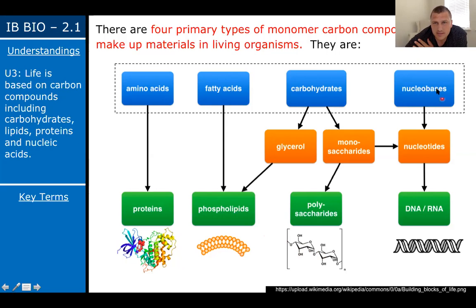Also nucleobases, nucleic acids, nucleic bases, you'll see that word come up in different ways. These are the building blocks that create nucleotides. Nucleotides then come together to create our DNA and RNA. If you remember the ATCG, adenine, thymine, cytosine, guanine, those 4 are considered nucleotides, but they're made up of nucleic bases, and these nucleic bases are made up of a bunch of carbon compounds coming together with other ones.